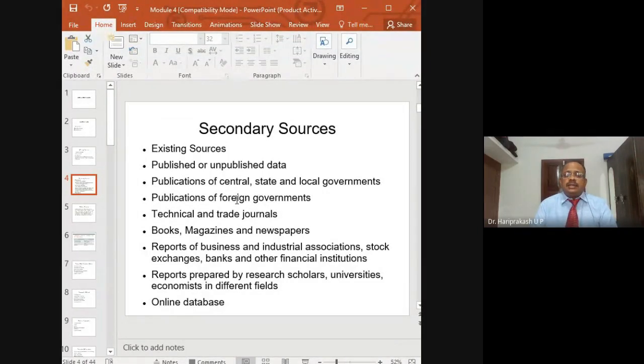Publications of central, state and local governments. There are several publications. So data may be published in some of the publications, books, newspapers or journals, right? So who is doing this publication? It may be the government, central government, state government, local government. They have various publications.